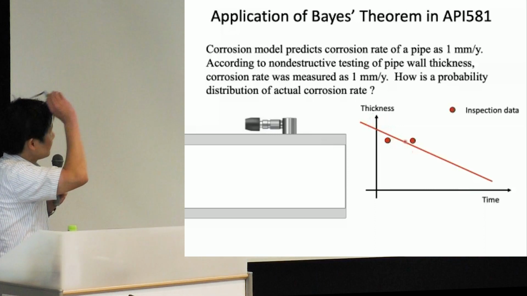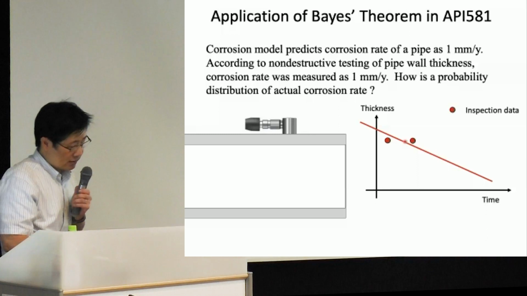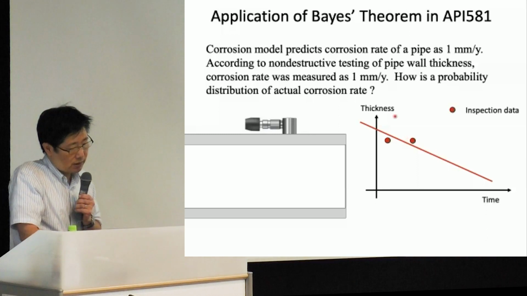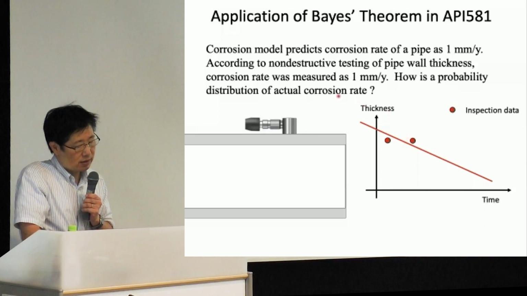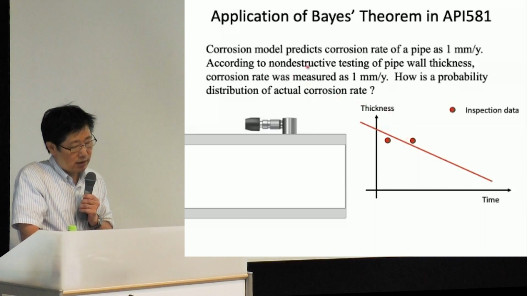So now let's think about the situation. We know that the corrosion rate is 1 millimeter per year by a corrosion model.